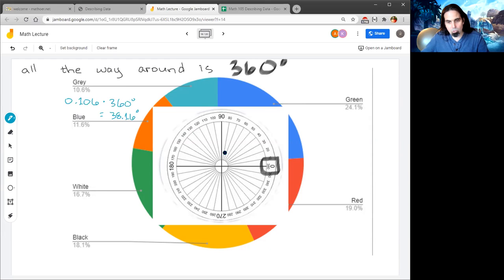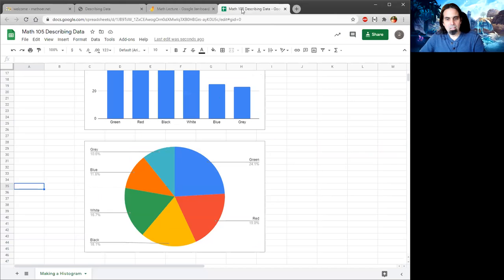So I would take my protractor, move it physically on the paper, go from 0 to 38.16, and that's how big the wedge for this one would be. But that's annoying. No one wants to do that. So I'm going to show you a better thing.